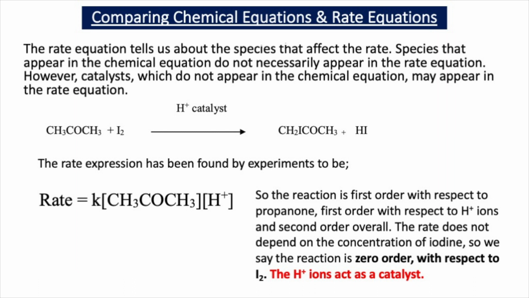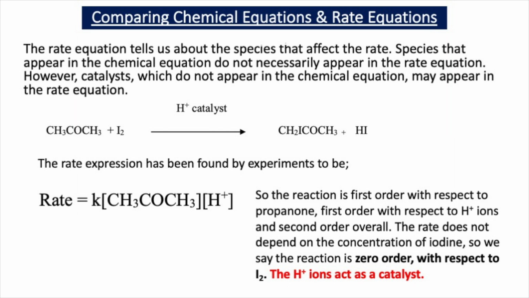Now this might be surprising to you. However, the rate equation is based on the rate determining step, the slowest step in the reaction, and iodine is not part of that step. So therefore we say it's zero order with respect to iodine because changing the concentration of iodine will not affect the rate of reaction.